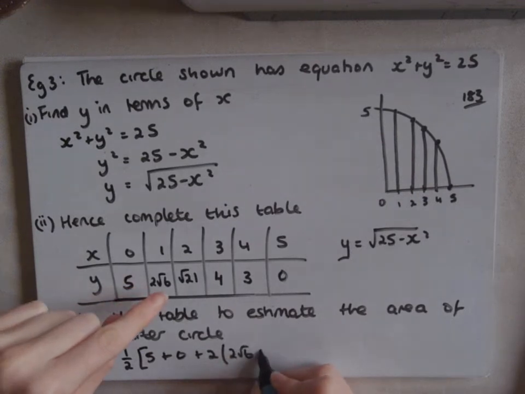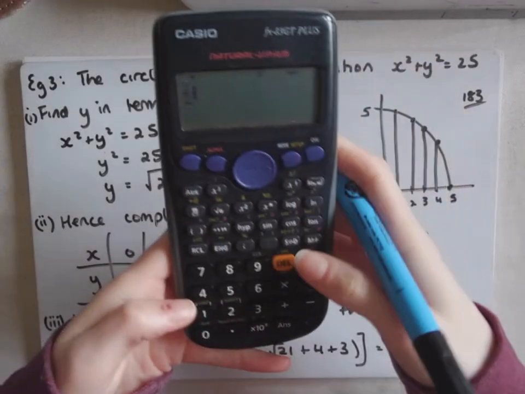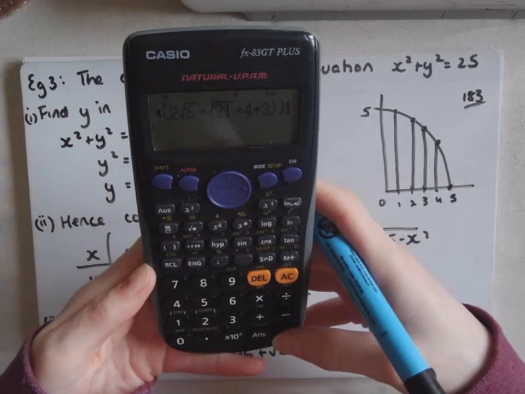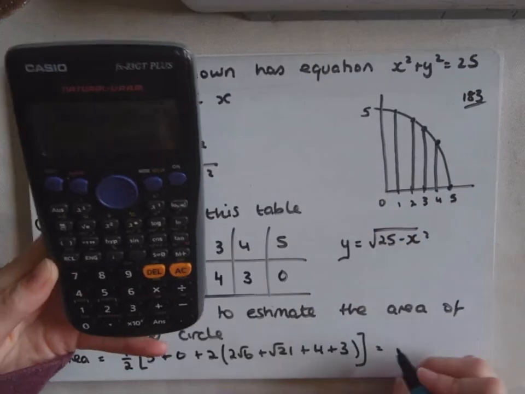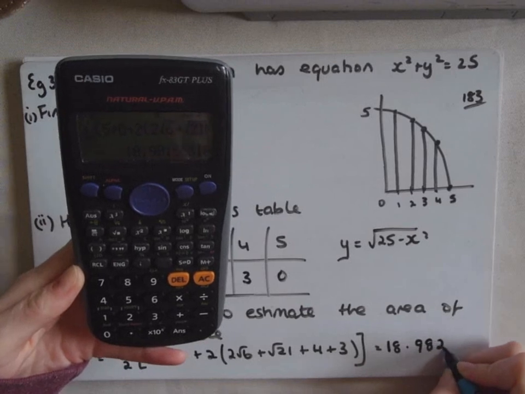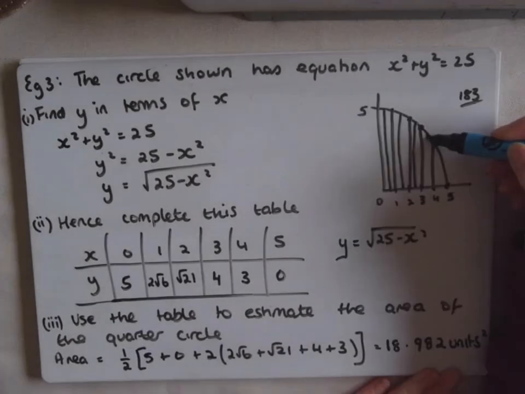Okay, so now part 3 is use the table to estimate the area of the quarter circle using intervals. Use the table to estimate the area of the quarter circle.